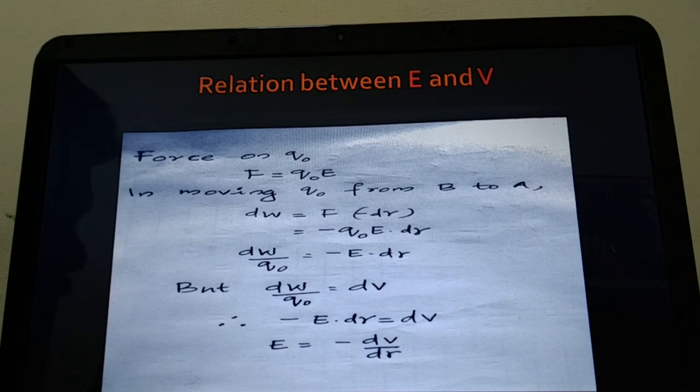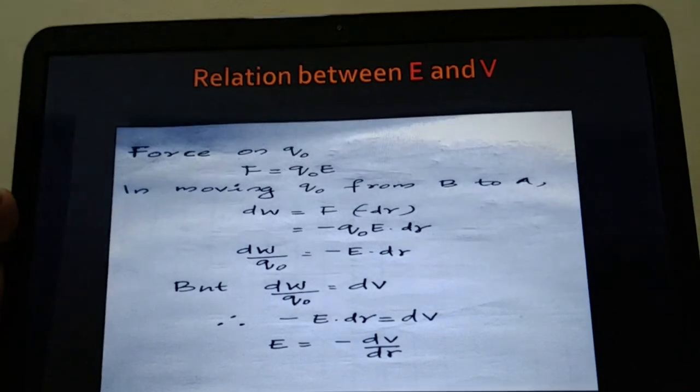Just think whether we have moved a unit positive charge or any other amount of charge. And what is the definition of potential? The definition of potential difference is the work required to move unit charge from one point to the other.